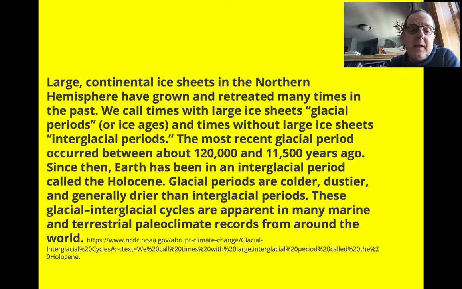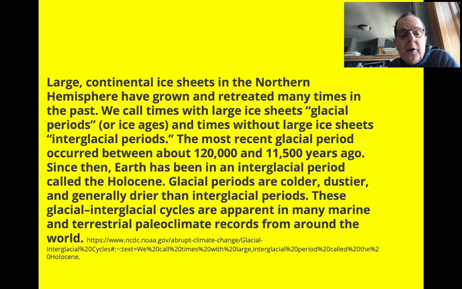Large continental ice sheets in the northern hemisphere have grown and retreated many times in the past. We call the times with large ice sheets glacial periods or ice ages, and times without large ice sheets interglacial periods. The most recent glacial period occurred between about 120,000 and 11,500 years ago.